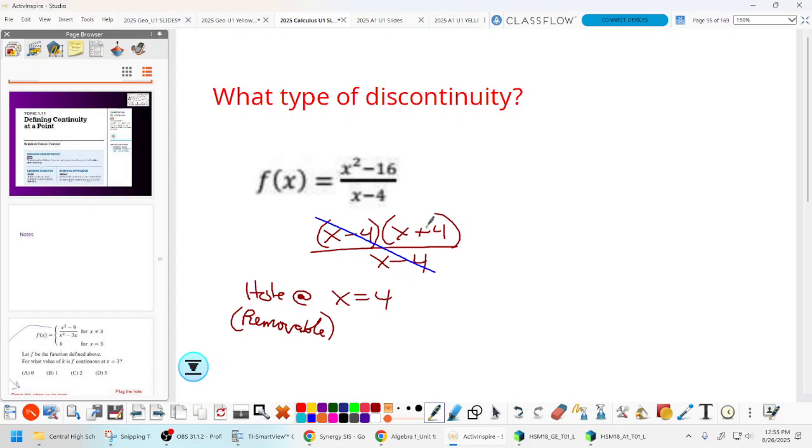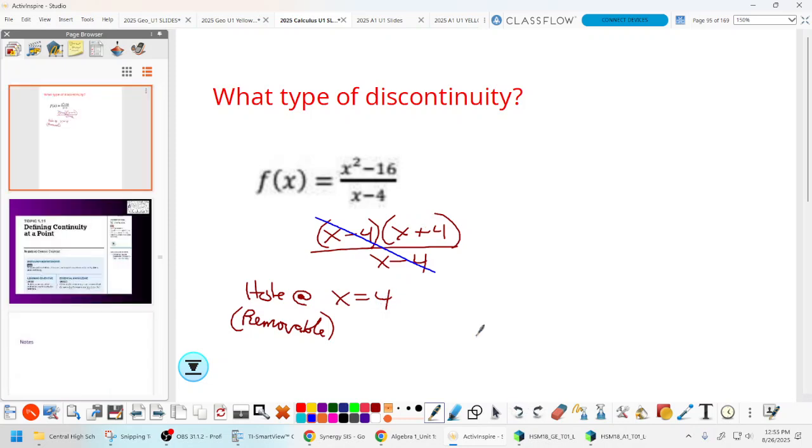What is that shape? That's a line with a slope of 1, except we will have a hole where x equals 4. Otherwise it's just a line. So it's going to look something like that going through where the hole is at x equals 4. So is that continuous? No.